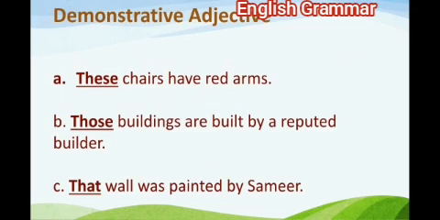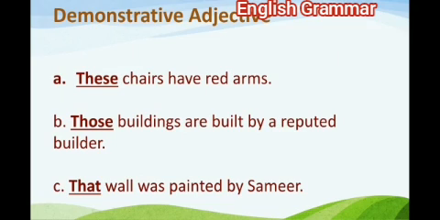Demonstrative adjectives are known when we ask a question: which thing or which person? We are asking which thing. So it answers the question. Look at these: These chairs have red arms.